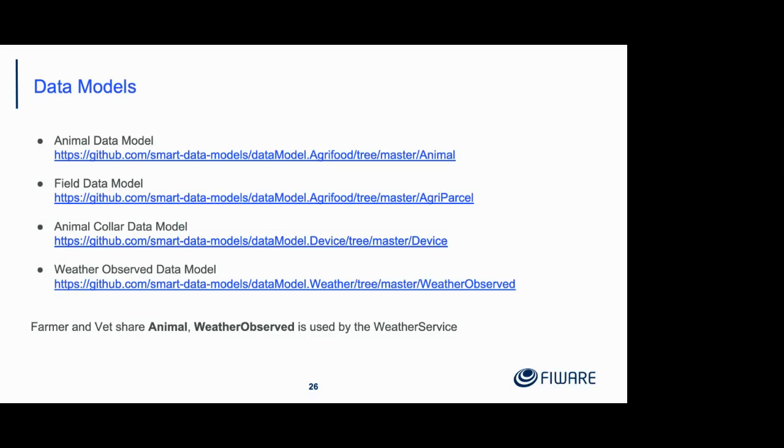Retrieving weather from a third party, I would probably follow whatever their weather model was. And again, in this particular case, we've probably got weather observed because it's just coming back from the weather service.